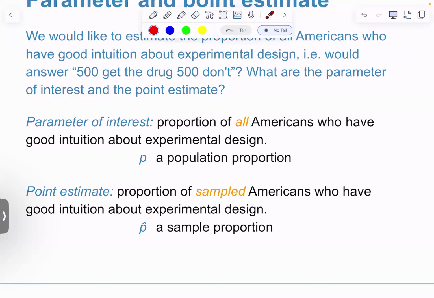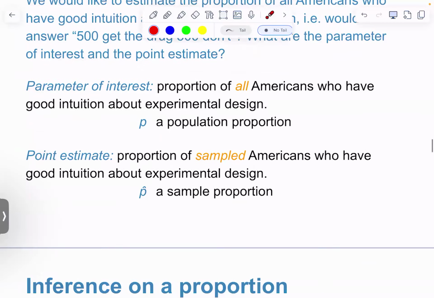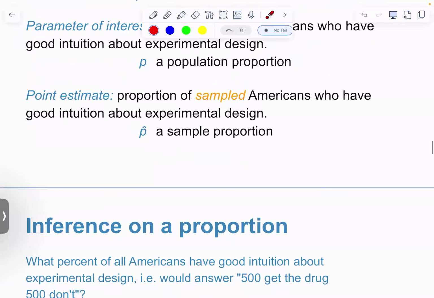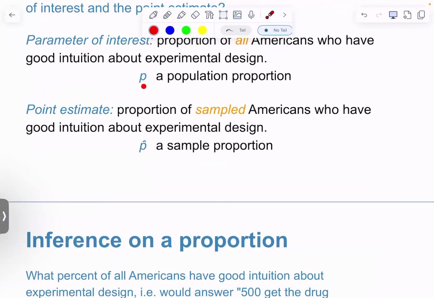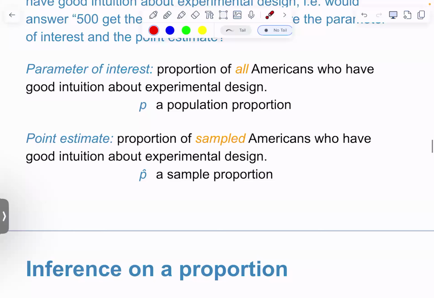And this is all review, right? But kind of being introduced as a whole in this section. We have seen it in all of chapter 5 already, so if it's sounding familiar, that's why. We're just doing a full run through. So we're trying to figure out what P is, the proportion of all Americans who have good intuition about experimental design.